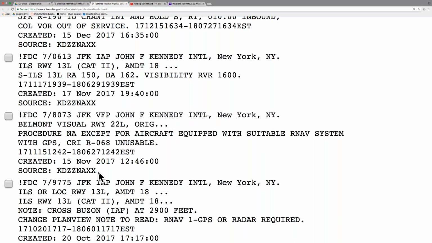One other question I had was, when it says Amendment 18 or Amendment whatever number, what is the amendment part for? This is telling us that there's a change to the route.